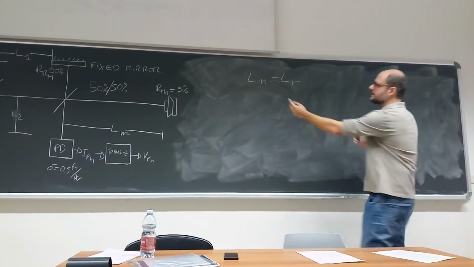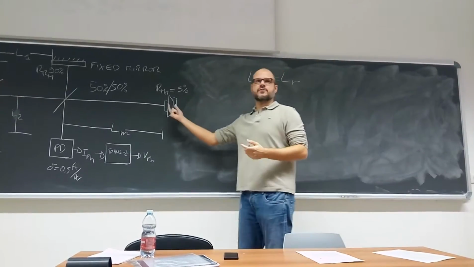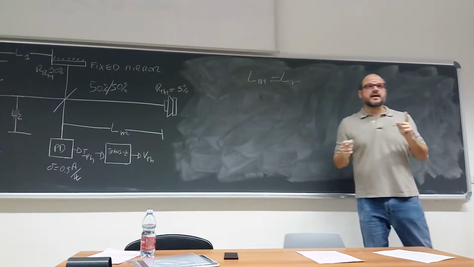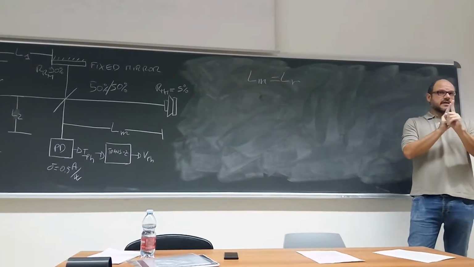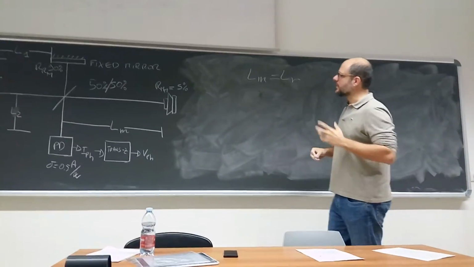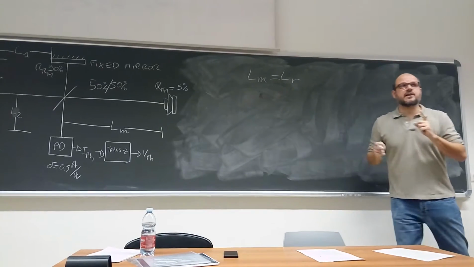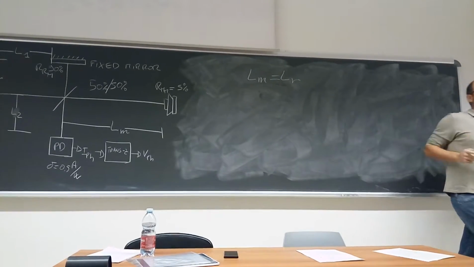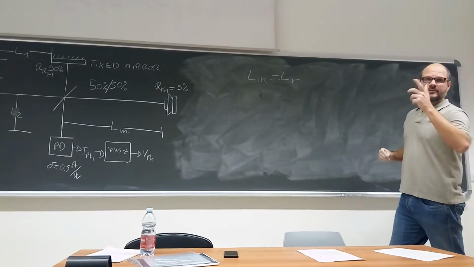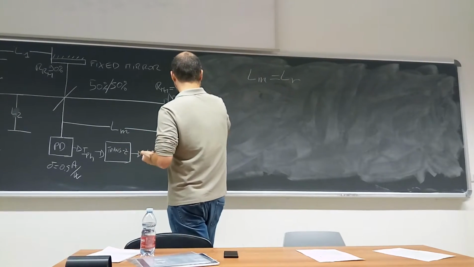Now, if this distance changes because of movement of the target, of the loudspeaker, this condition is not satisfied anymore, okay? So how could you believe that it's possible to work always in this condition, even if the loudspeaker or the target is moving? You must do something more, okay?